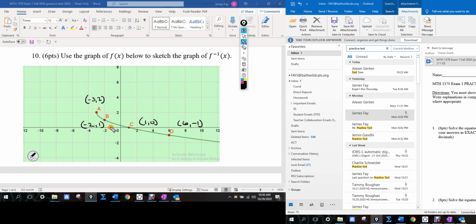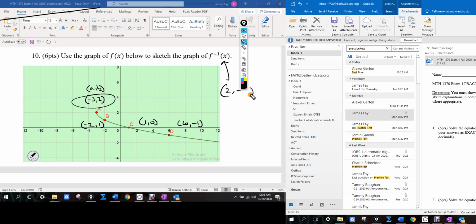If those are all on f, so those are all your a comma b's, right? What is going to be on f inverse? If I look at that point right there, what do I do with that to find the point that's going to be on f inverse?